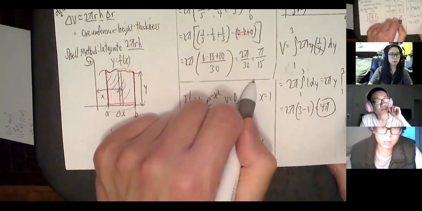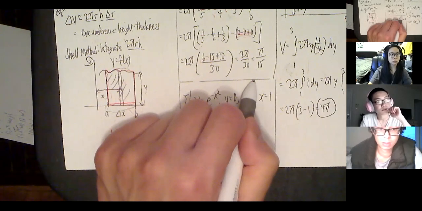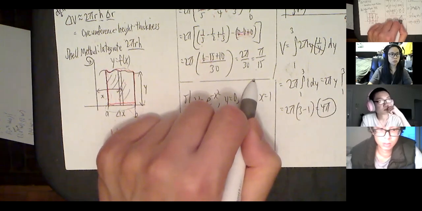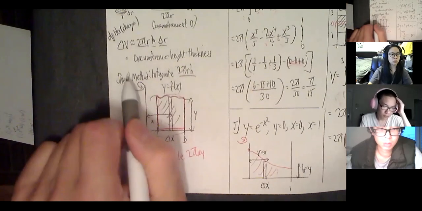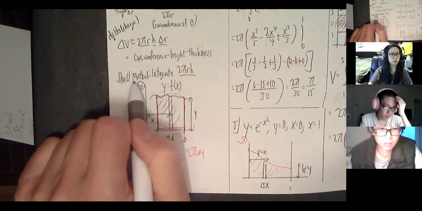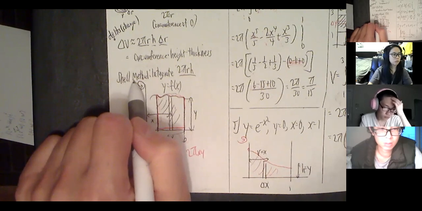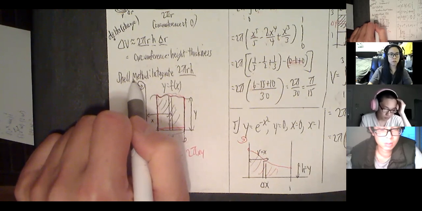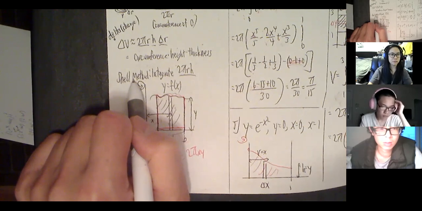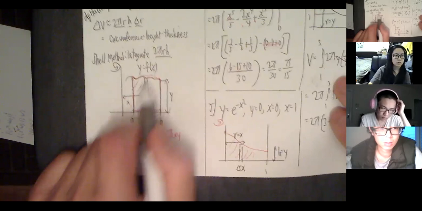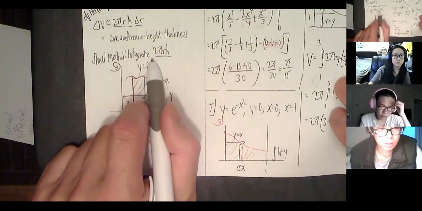Okay, so this is called the shell method, S-H-E-L-L, shell method. For the disk method, section 2, you're basically integrating pi r squared, or maybe pi big R squared minus pi little r squared, right? That was the so-called washer method. Now for the shell method, you're integrating 2 pi RH.